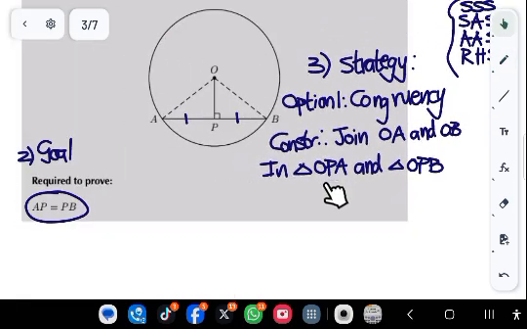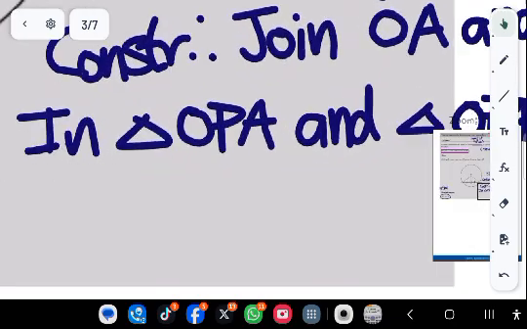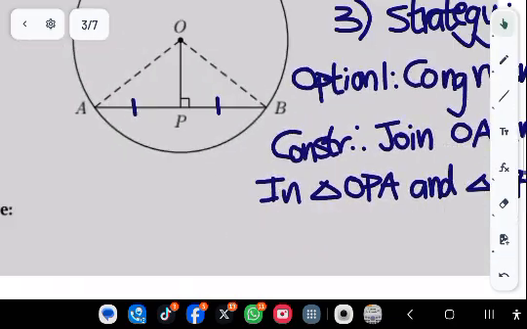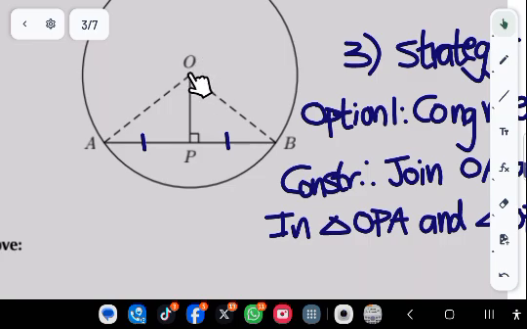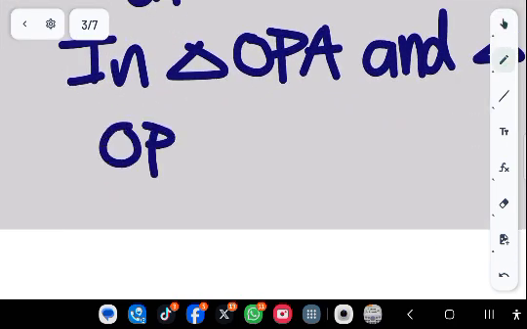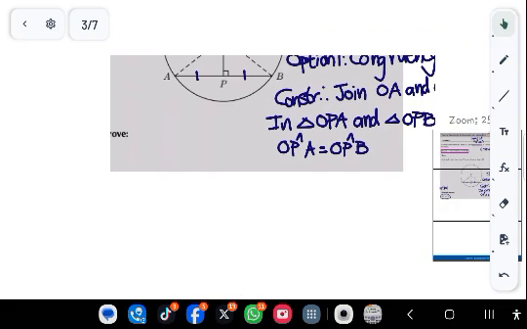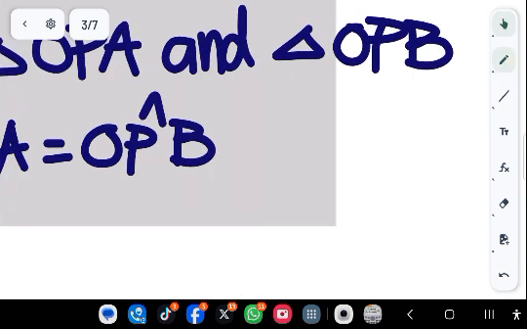So we go, let's start with the angle. Angle OPA, which is the right angle. Angle OPA is equal to angle OPB. They're both equal to 90 degrees, and that is given.